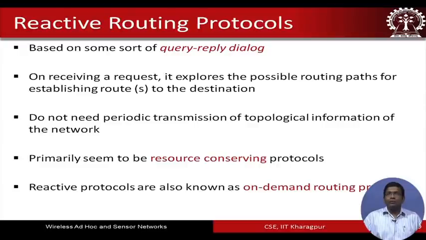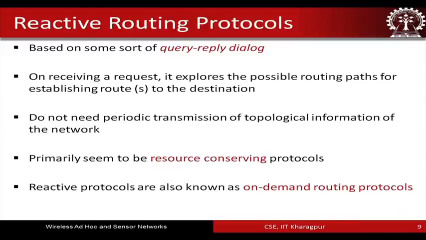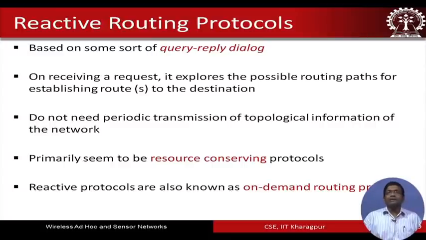The reactive routing protocols work on demand, that means whenever it is required, they discover the path to the intended destination, and that information is used for routing the packets further. Later on, if a request comes in and that path is found to be useful, it is used; otherwise the path discovery takes place again.